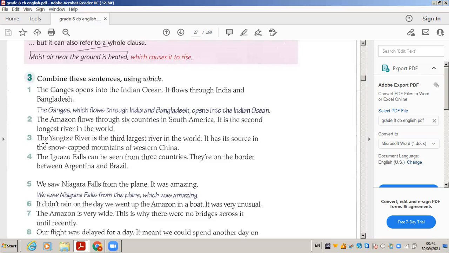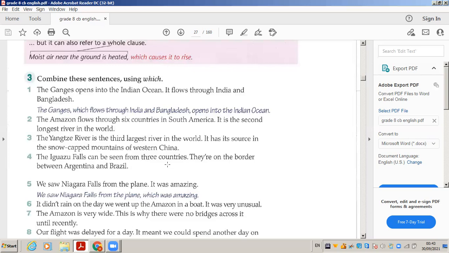The Iguazu Falls can be seen from 3 countries. They are on the border between Argentina and Brazil. So the answer, the Iguazu Falls, which are on the border between Argentina and Brazil, can be seen from 3 countries. Don't forget the commas.